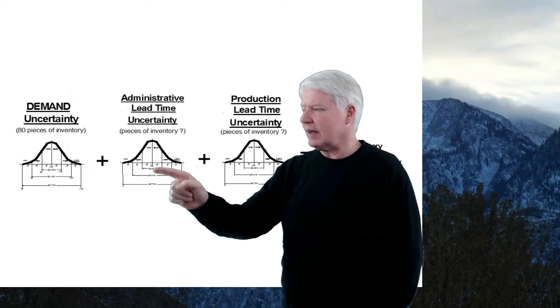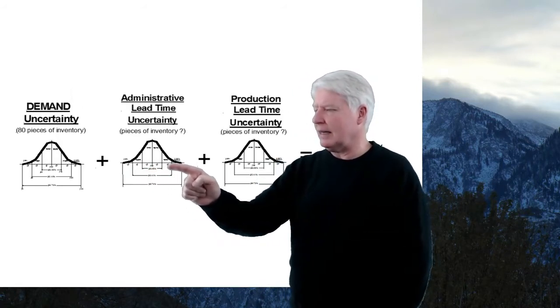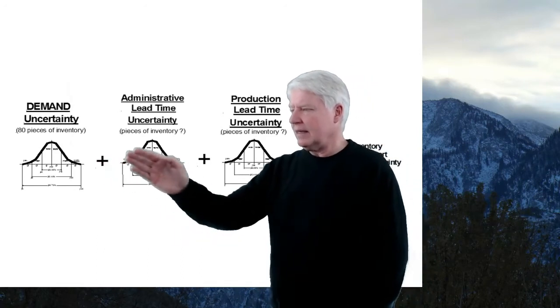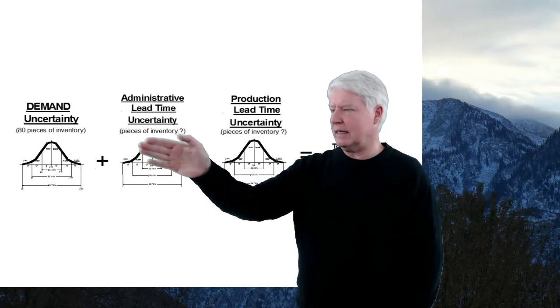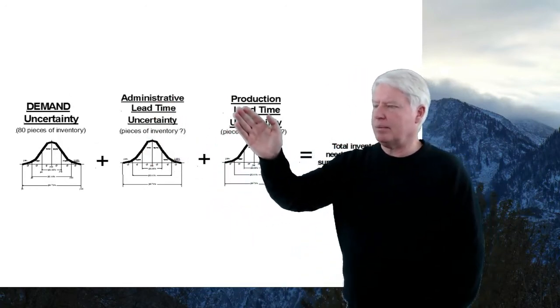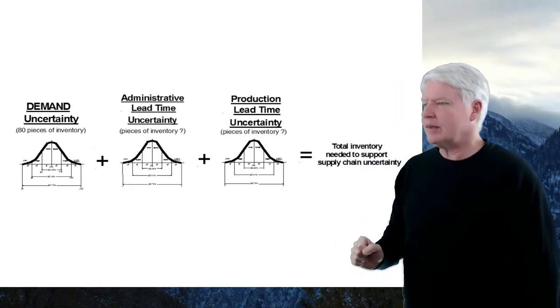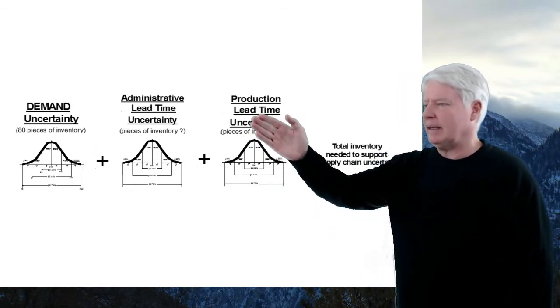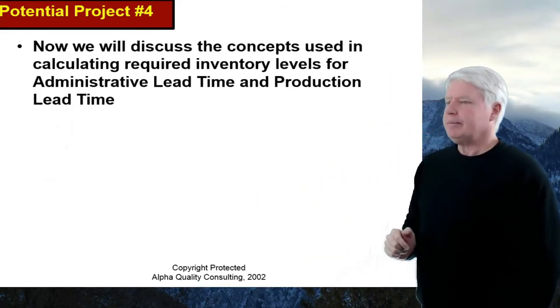So if this takes so many days, I'm going to multiply the number of days by 20 to calculate my safety stock requirements for administrative lead time. Then of course production lead time will do the same thing, but it's going to be a time.